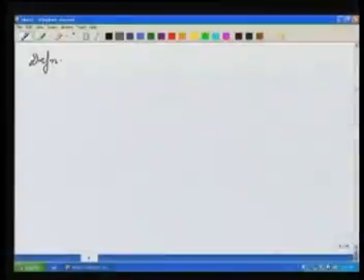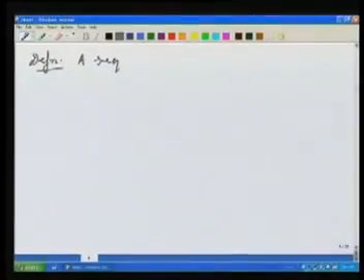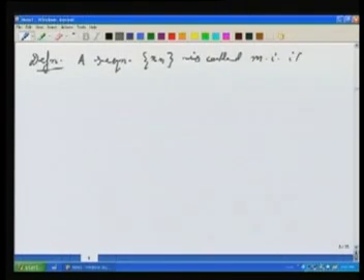For that, first I need one definition. The definition I need is of a monotone sequence. So, what is a monotone sequence? Well, a sequence xn is called monotone increasing, in short mi, if xn is less than or equal to xn plus 1 for all n.